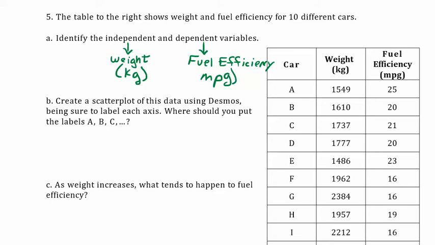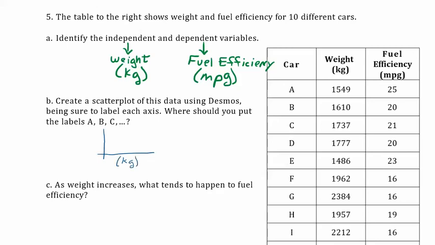All right, so the next thing we're asked to do is to create a scatter plot of this data using Desmos, and be sure to label each axis. So since the weight is the independent variable, remember that's going to go on the horizontal axis. So here we're going to have our kilograms, our weight in kilograms.